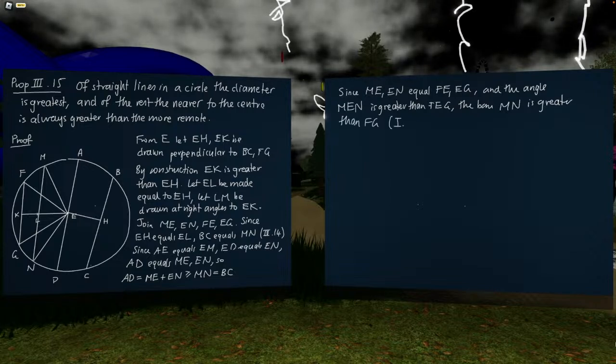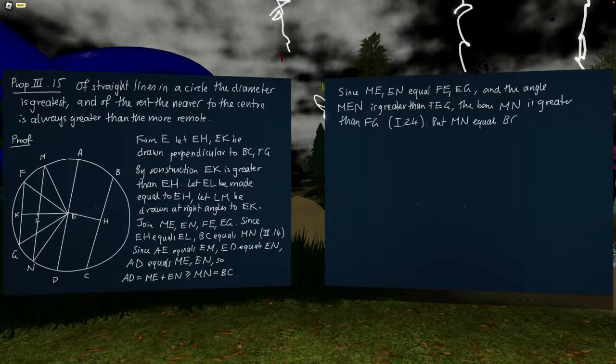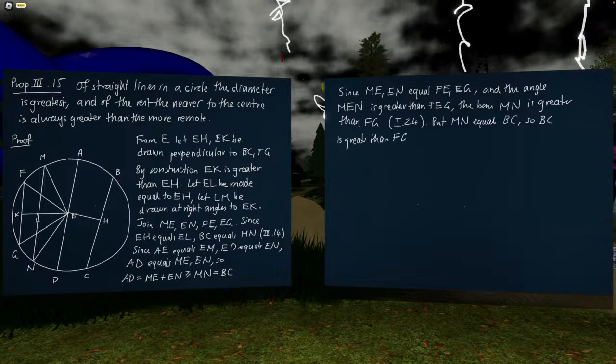So that was proposition 24, book 1. But MN equals BC. So BC is greater than FG.